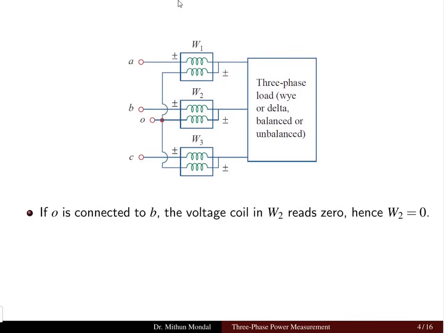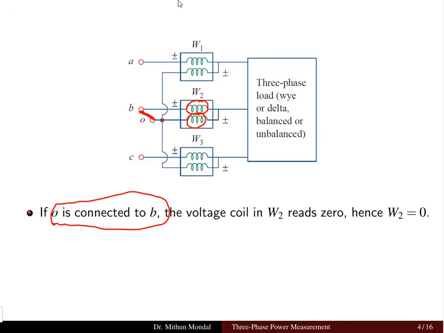Now there is a special case. Let us see, if O is connected to B. So we make some changes in the connection. This O point and B point are connected to each other, and there are 2 coils in the wattmeter, one is the voltage coil and another is the current coil. I have discussed this in detail in the wattmeter physical connection.